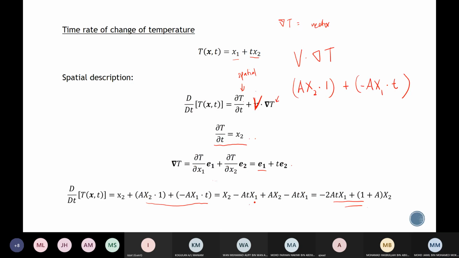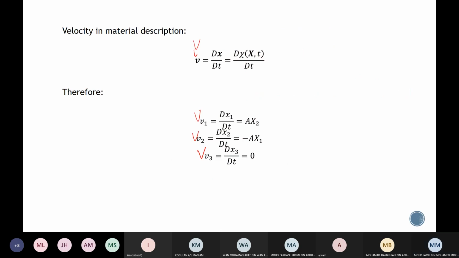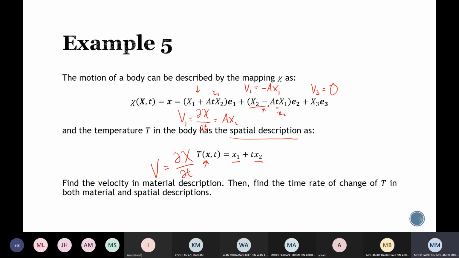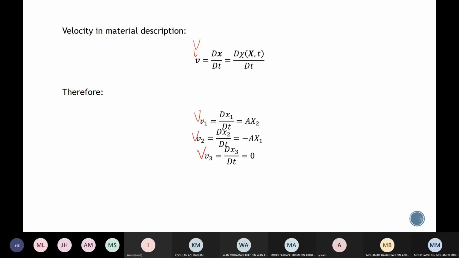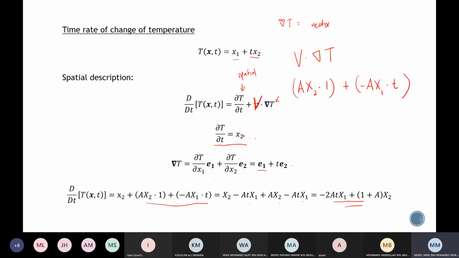aX1, aX2. Now substitute back X2 from here. So X2 is this. So instead of writing X2 here, you can write X2 minus aT X1. Okay, same. So just substitute here.